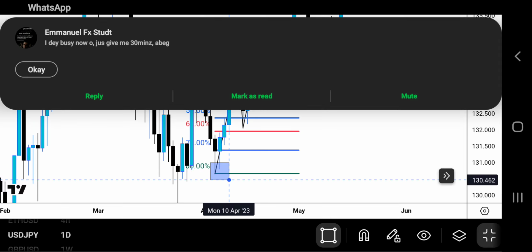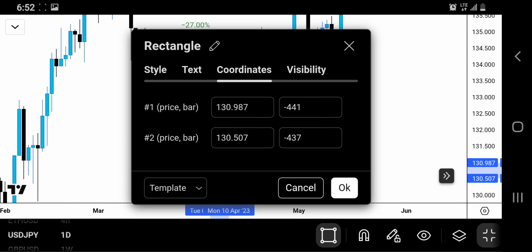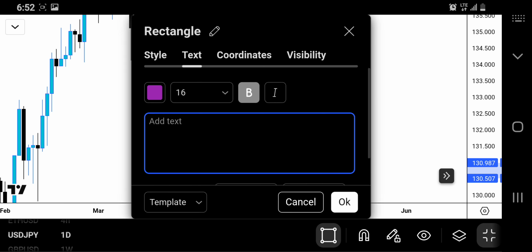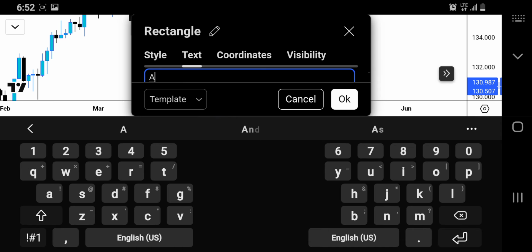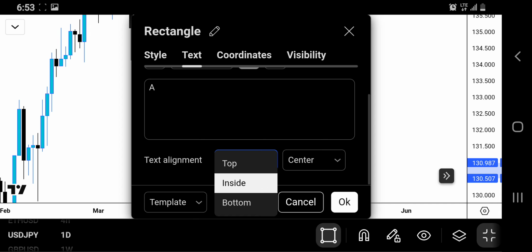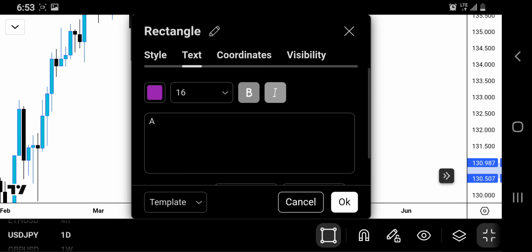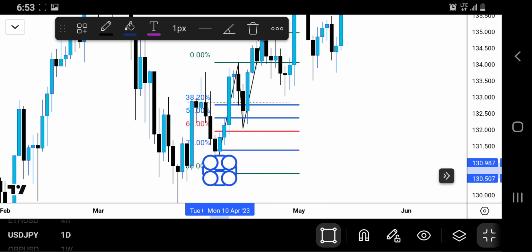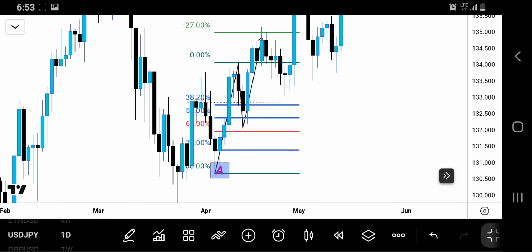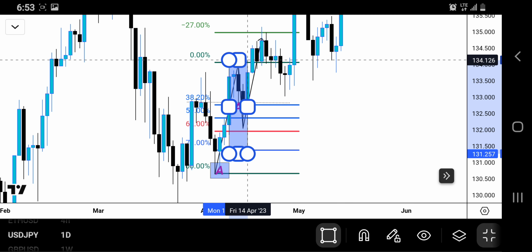Now this is point A. Okay, that is point A. Then I'll clone it like that.